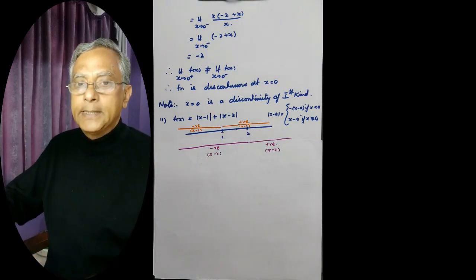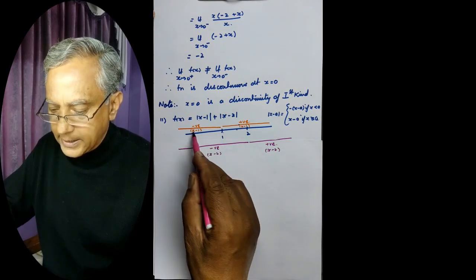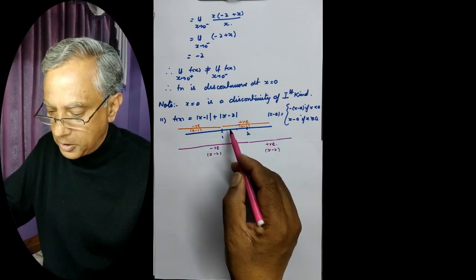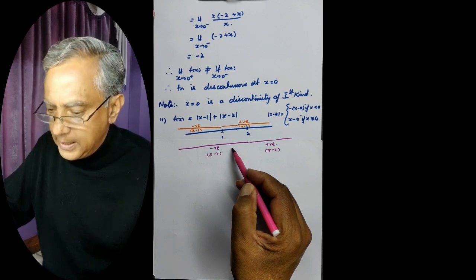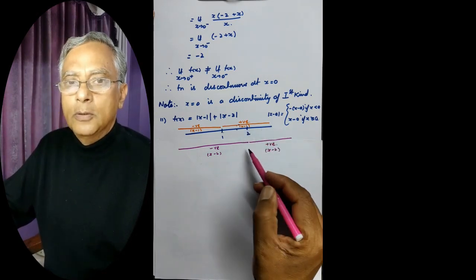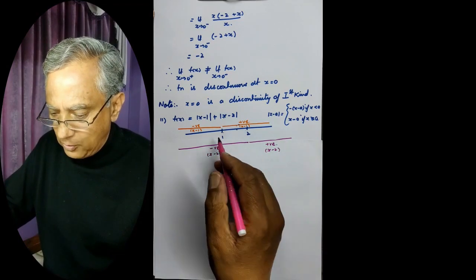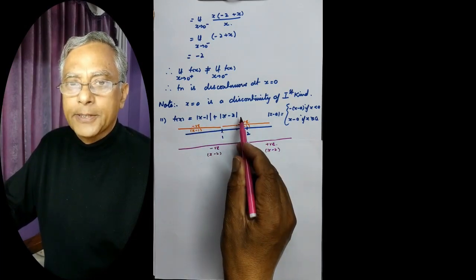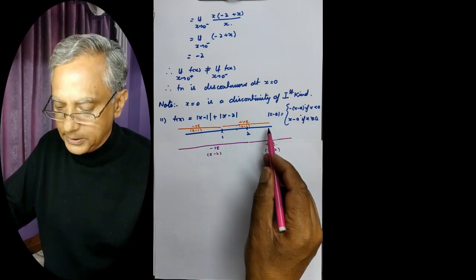So in this interval x minus 1 is negative and x minus 2 is also negative. In this x minus 1 is positive but x minus 2 is negative. And in this interval x minus 1 is positive and x minus 2 is also positive. So what we notice is that in these three intervals this function has different definitions.